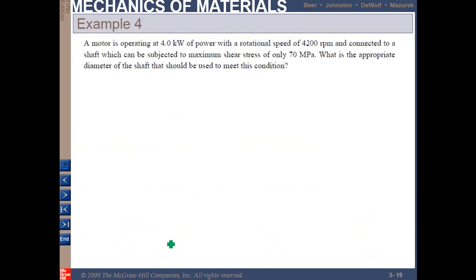A motor is operating at 4 kilowatt of power with a rotational speed of 4,200 revolutions per minute and is connected to a shaft which can be subjected to a maximum shear stress of only 70 megapascal. What is the appropriate diameter of the shaft that should be used to meet this condition? So the question is, what is the diameter?